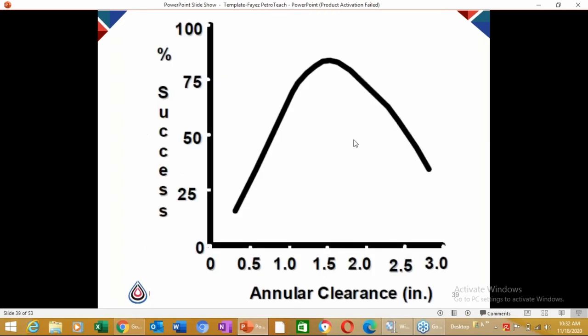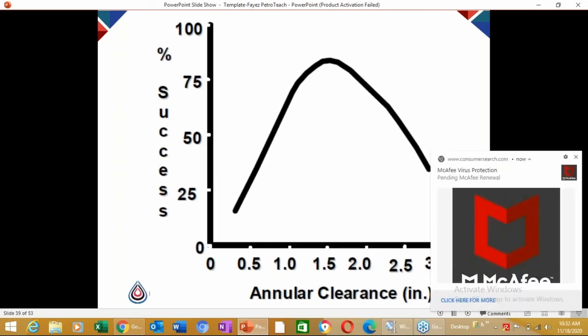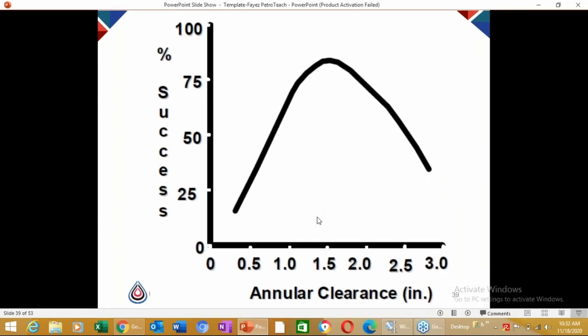To perform a very good primary cementing, you have to consider first of all the clearance between the formation and the casing, the outer side of the casing or outer diameter. So if it is 1.5 inch, the clearance should give more than 80% success in the casing.